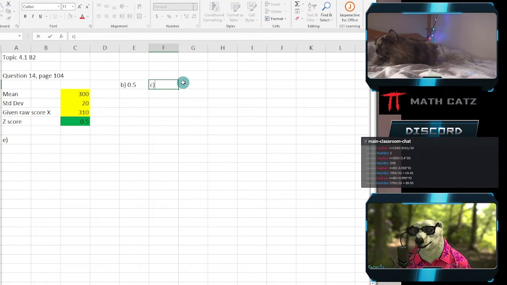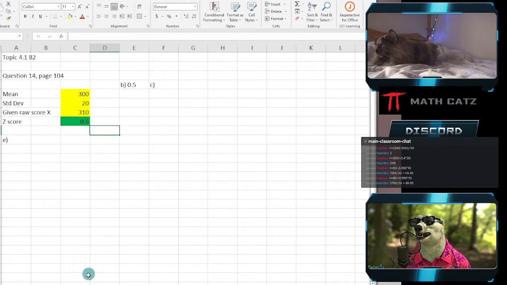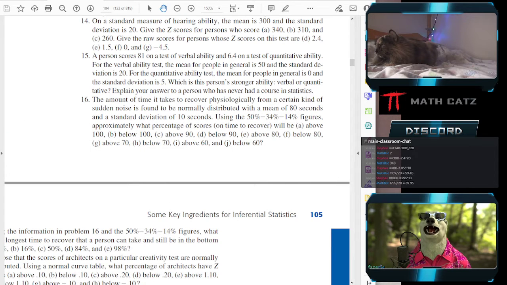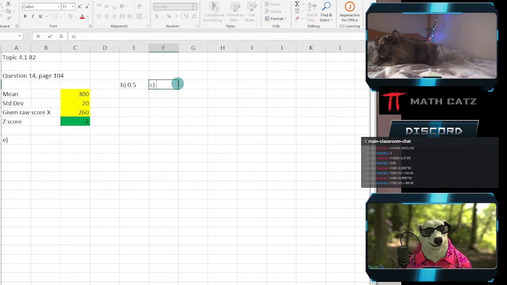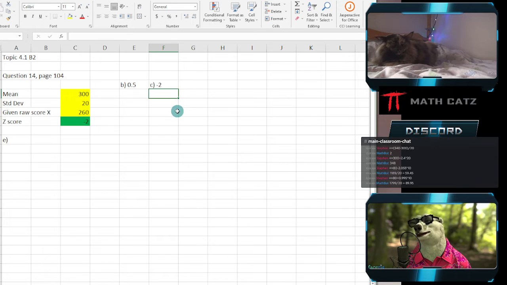And let's put C's answer over here. And I can recycle this to now say, okay, I'm just going to change my raw score input cell from 310 to 260, and my formula will update to -2, and I can put my -2 answer in there.